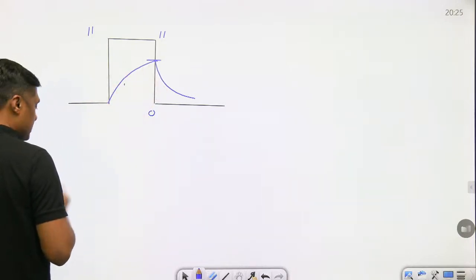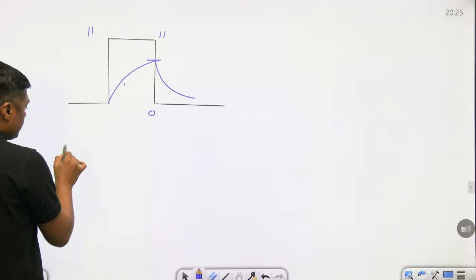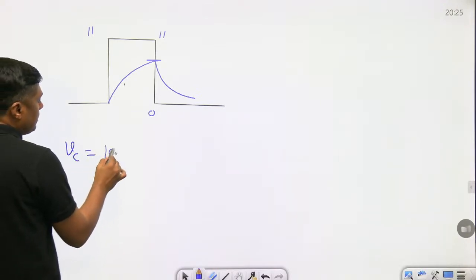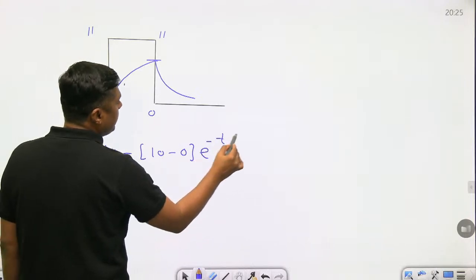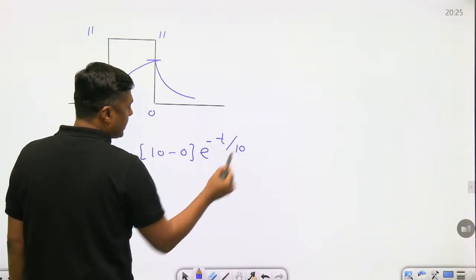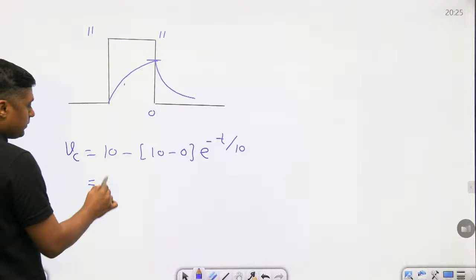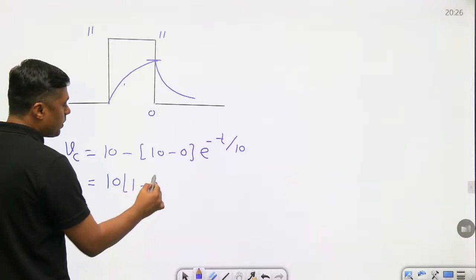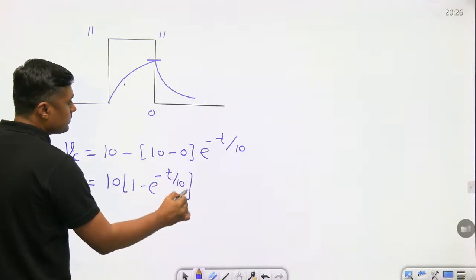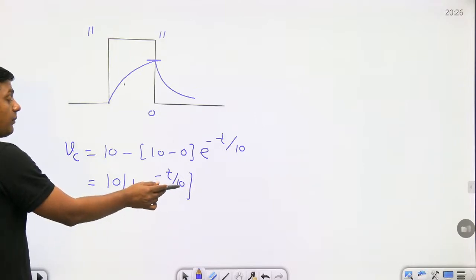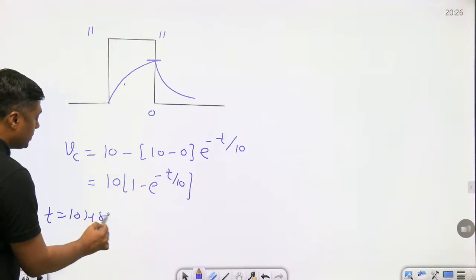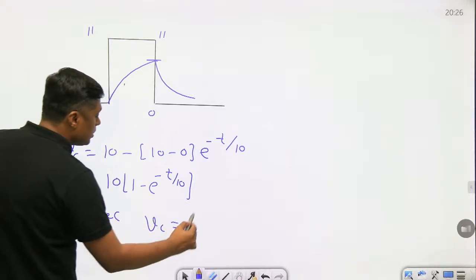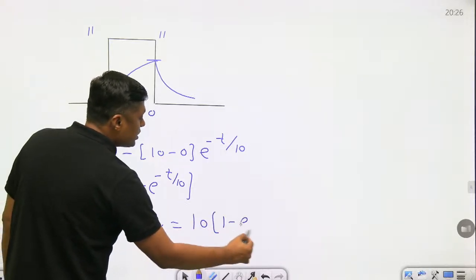So what is the peak value at this point? It is asked. So what is the equation here? V final is 10, the initial is 0, e raised to power minus t by tau. What is the tau here? 10 microsecond. Then you will get 10 (1 minus e raised to power minus t by 10). This is in microsecond, remember. So exactly at t equal to 10 microsecond, you will get the peak value: 10 (1 minus e raised to power minus 1).